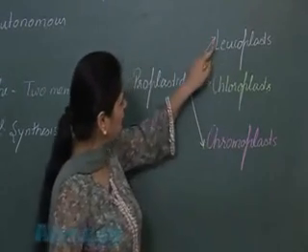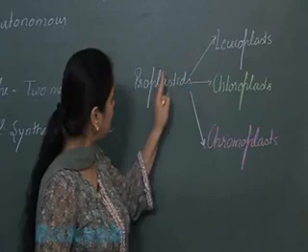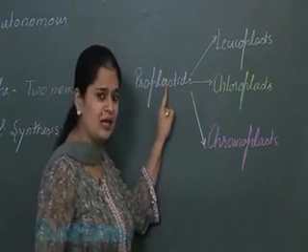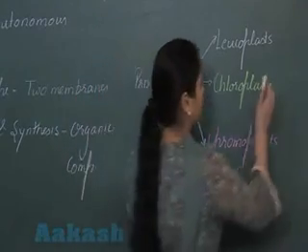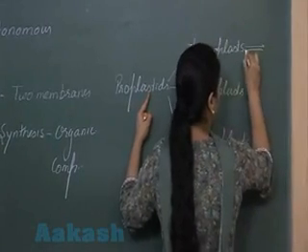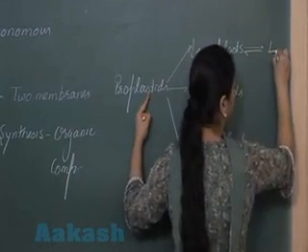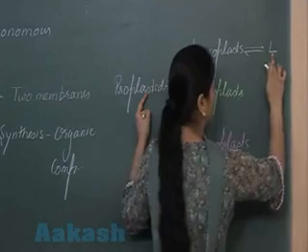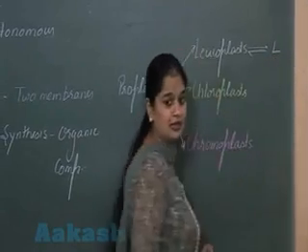Now the leucoplast can be formed from the proplastid as well as from the leucoplast itself. For the leucoplast, I am writing L here.